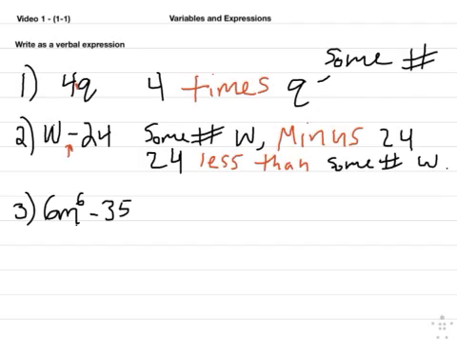Okay, moving on to the next one. We've got m with the 6 in the exponent, m to the 6th, and then we have 6 times m.